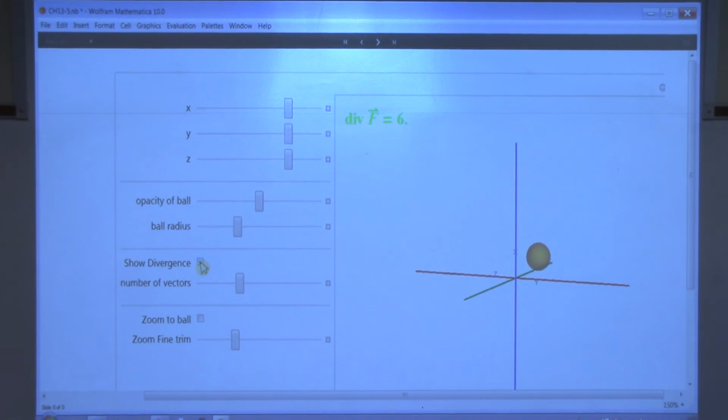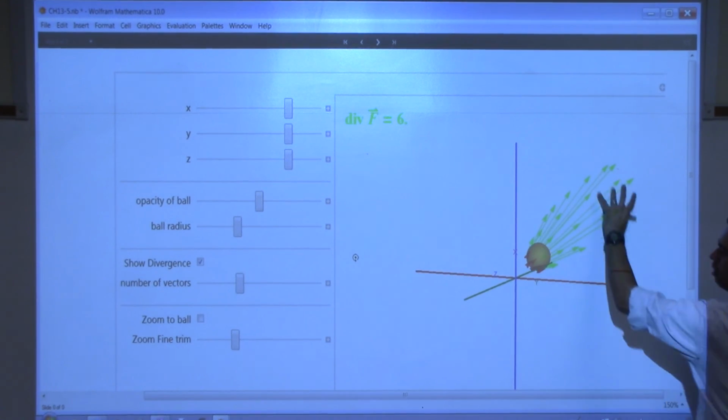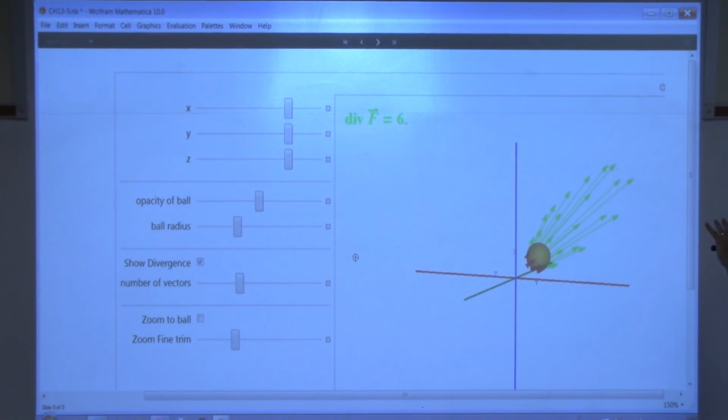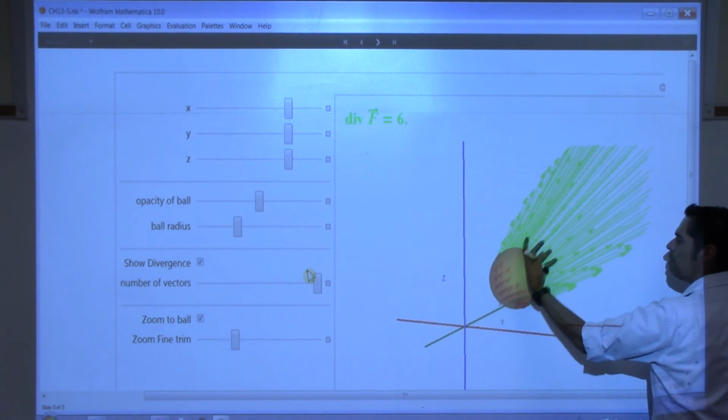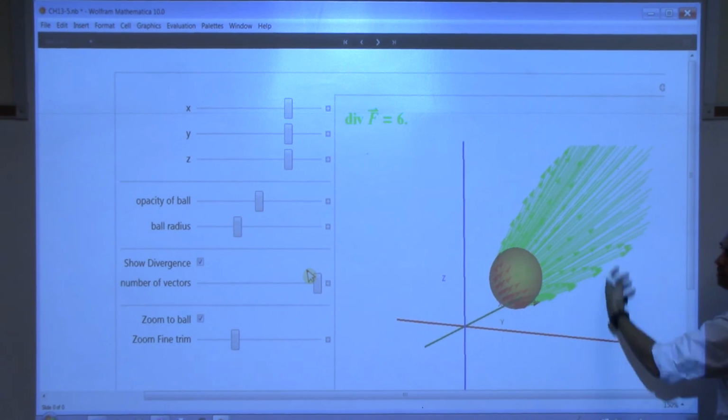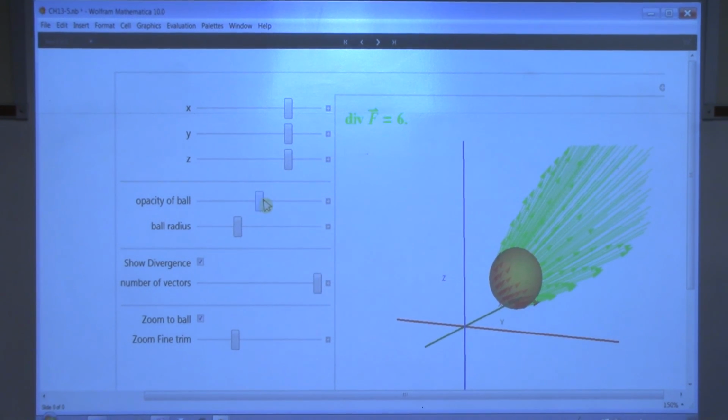So here it is. Oh, our div's big, right? Got a lot of vectors coming out of this ball, and they're really long compared to the ones going in. Zoom in on this ball. Let's get more vectors in there. Right, you see them? All these little ones in here being overpowered by all the big ones coming out. What is that?